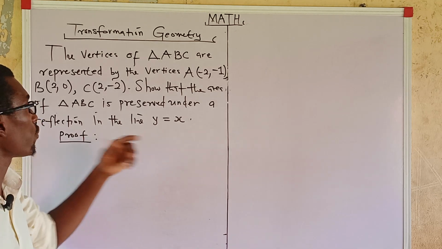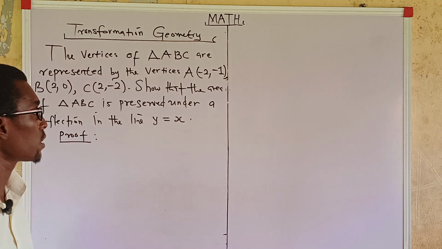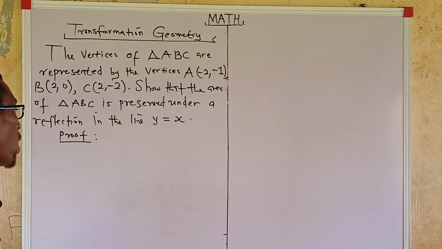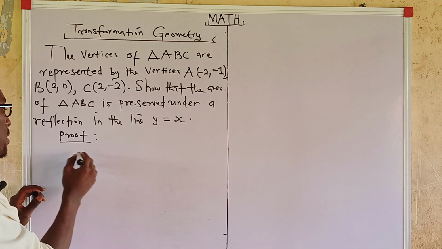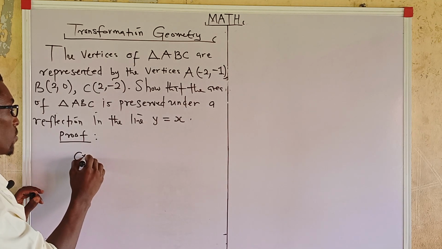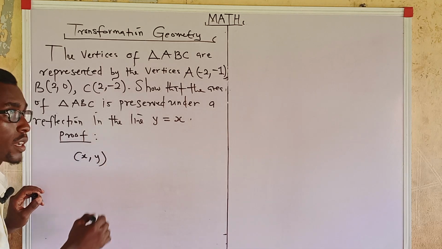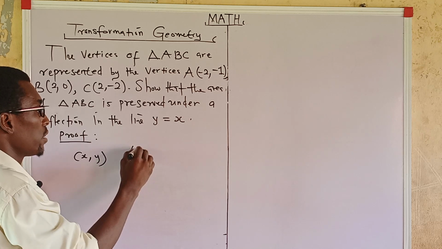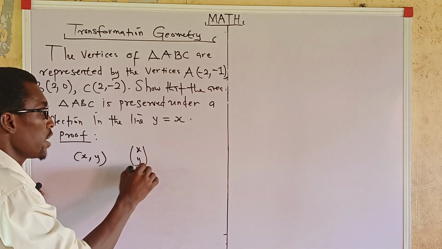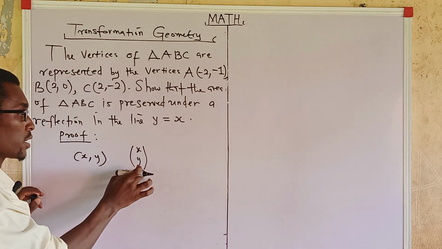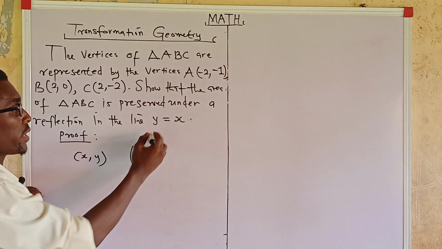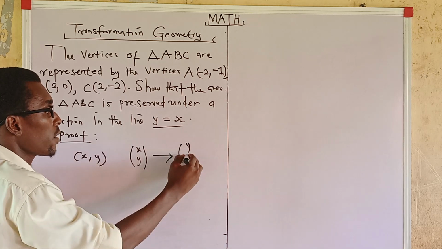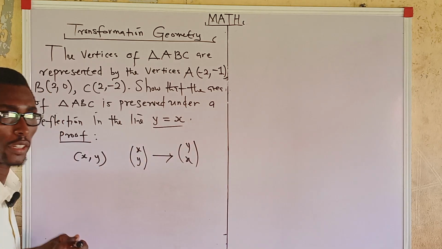All right? So first of all, we need to know the effect a reflection will have on a coordinate. Now, if we are given a coordinate (x, y), and these coordinates have a corresponding vector written as a column vector (x, y), under a reflection in this line, the coordinates will become (y, x) in this manner, all right?